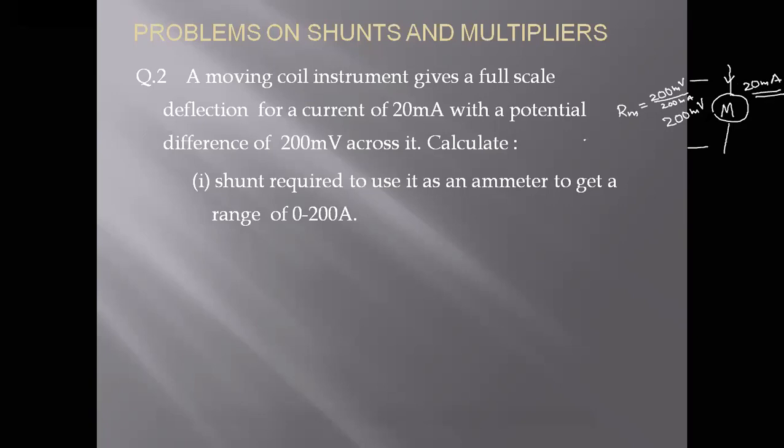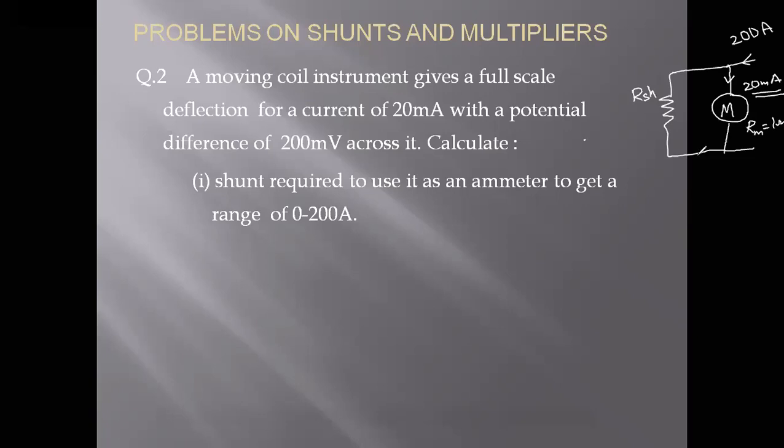I have to make this meter measure a current of 200 amperes. So for that purpose, I have to place a shunt resistance so that it is capable of measuring current of 200 amperes. So this is RSH and Rm is 1 ohm as we have seen.